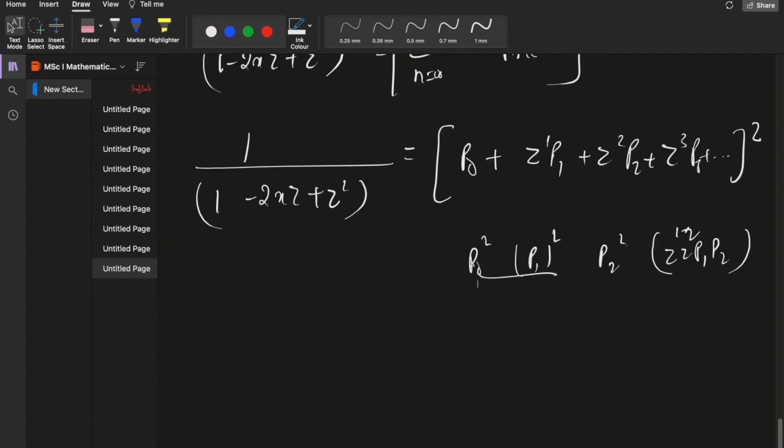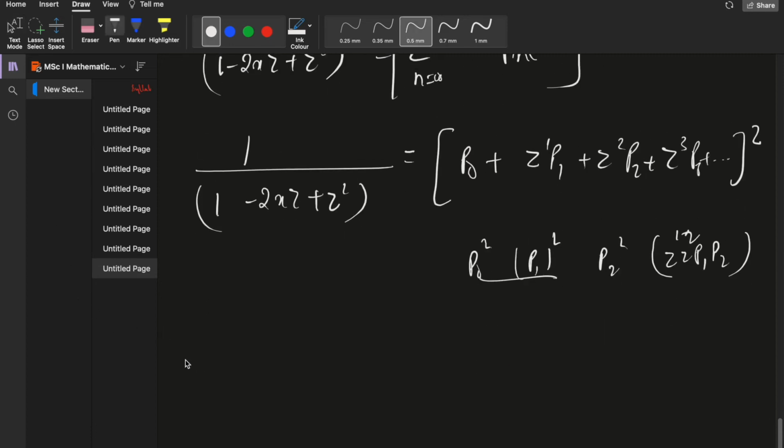First, let me write 1 over (1 minus 2xz plus z square) is equal to, on expanding this, we will get two types of terms.